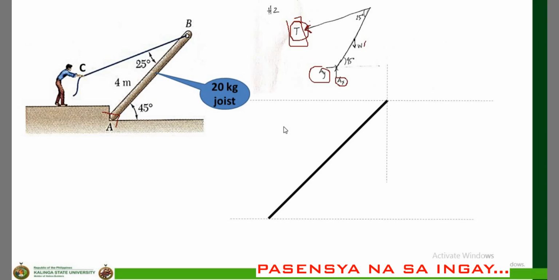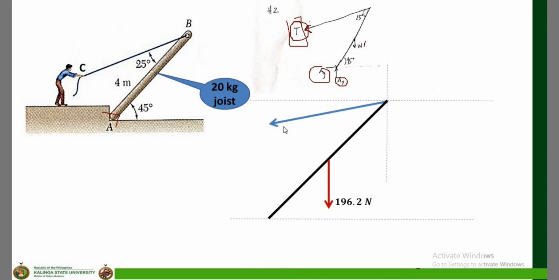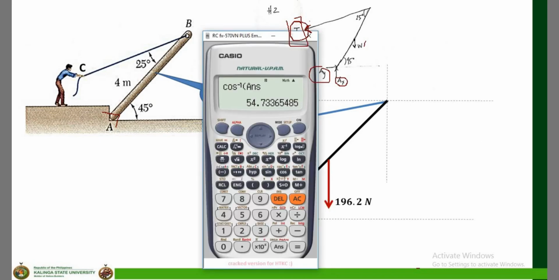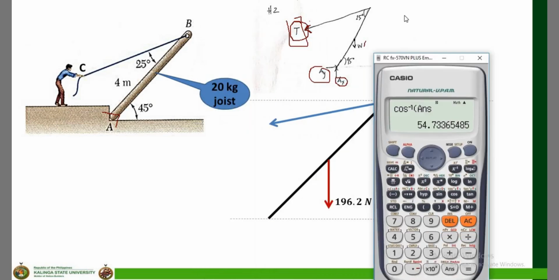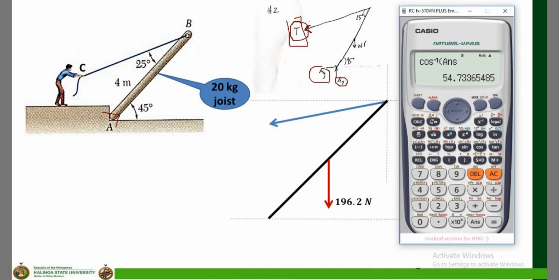I-redrock dito data di 20 kg joist, data di jay tension na in-apply di jay tao, data di weight, kasano ka naala dito 196.2 newtons. Diba weight di pagtutungtungan ijay, that iti weight na-adal tayo, na weight is equal to mass times acceleration due to gravity.